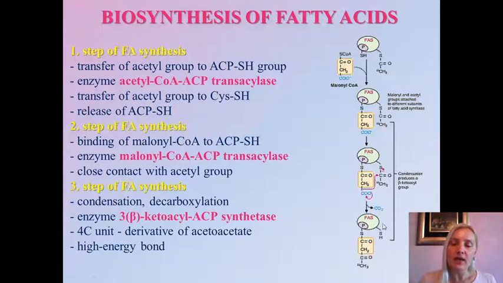At the very end of this third step, we have a 4-carbon unit, which is a derivative of acetoacetate. The enzyme catalyzing this third stage of biosynthesis is beta or 3 ketoacyl ACP synthetase. Notice that this is a thioester bond, which is a high energy bond.